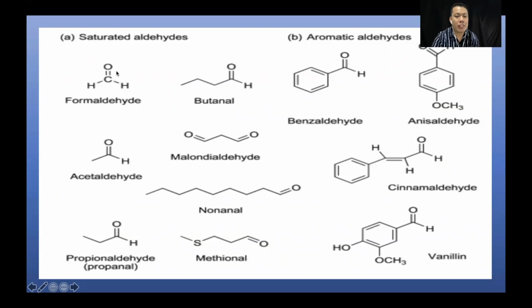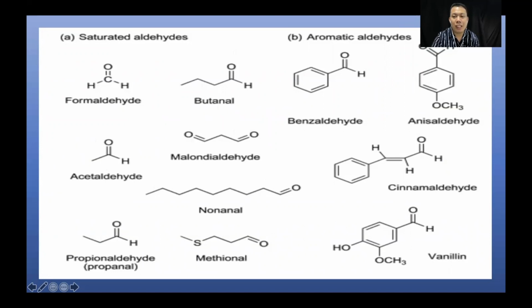This is 1 carbon, formaldehyde. Then acetaldehyde, 2 carbons. Then propionaldehyde, propanal. This is methanal, this is ethanal, this is butanal. This is malonyl aldehyde, nonanal, and then methional.